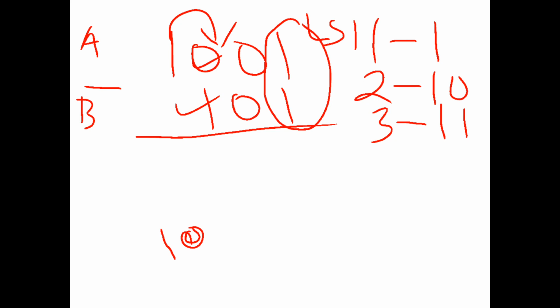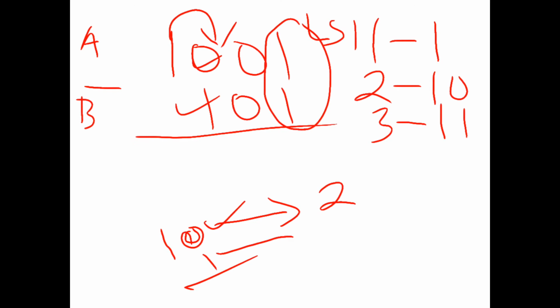So 10 has to be used like this, and this 1 needs to be subtracted from 10, and we know that 10 in binary means 2 in the decimal.